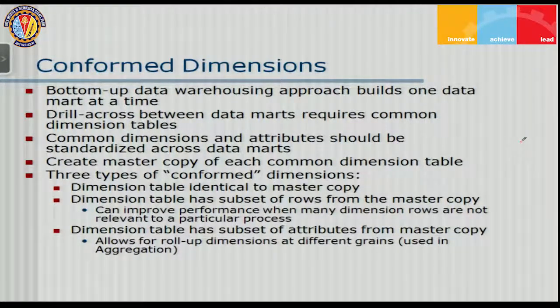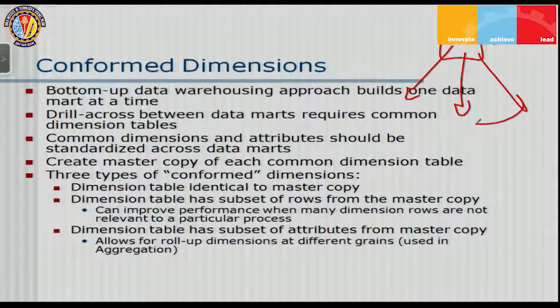So what we do is create a master copy of each common dimension table, and then from the master copy we create replicas, right? So I can create multiple. I'll explain this. I can have a dimension table which is identical to the master copy. That is one situation.